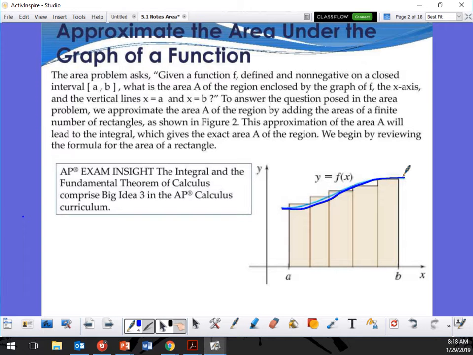We're separating it into small rectangles, so we're approximating it using small rectangles. If the rectangle is over the function, that would be an overestimation, right? If it is under, so you see the little boxes where it's not filled in, that would be an underestimation. So we're estimating overs and unders here.